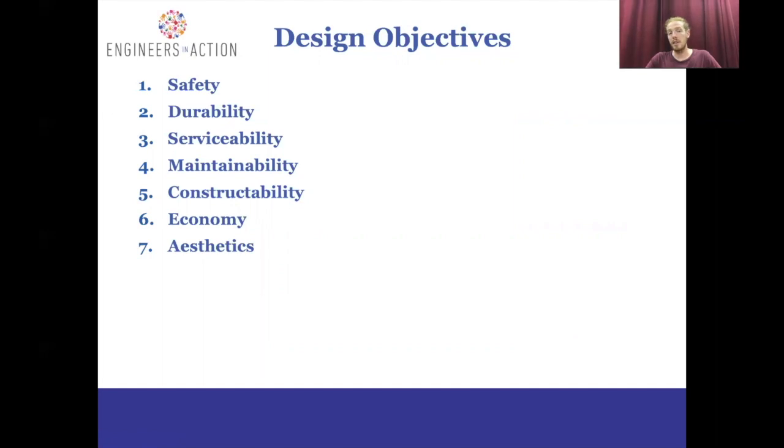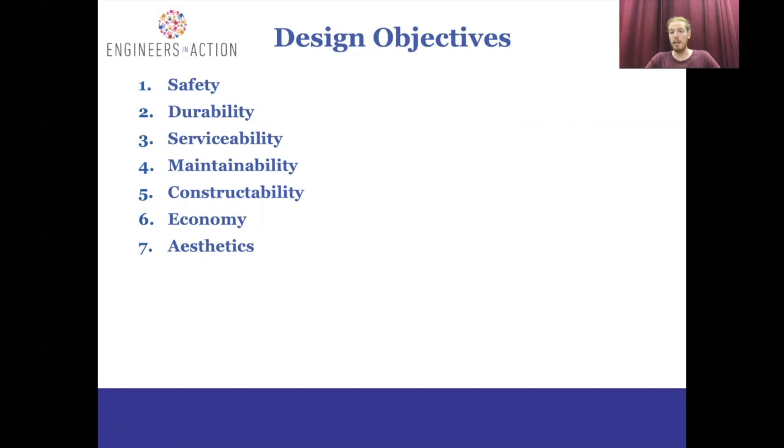The 7 design objectives that we use in standard suspended bridge design are, first, safety. That means the structure is safe. We can put lots of people on it and it will stand up. It'll take wind loads, snow loads, and earthquake loads, and it'll be safe throughout anything that we throw at it. The second is durability.